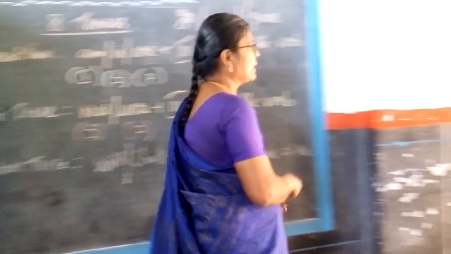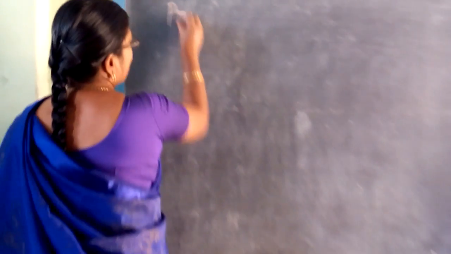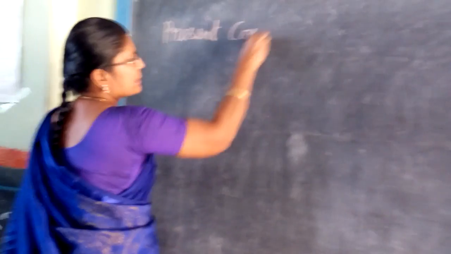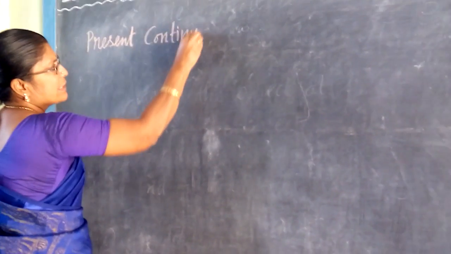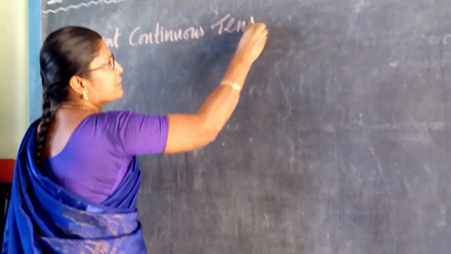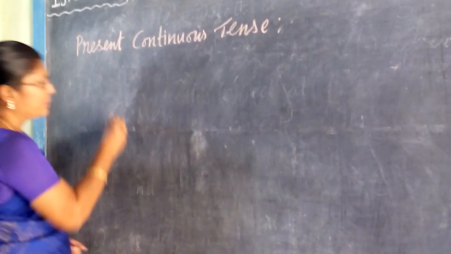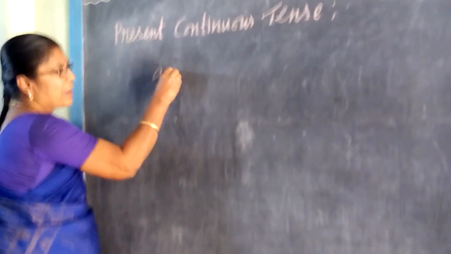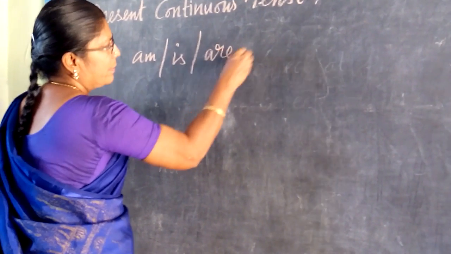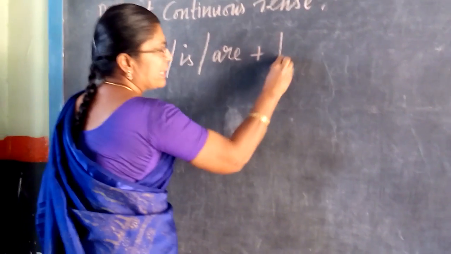Next, we will see present continuous tense. The present continuous tense formula is the same case: am, is, are plus being.